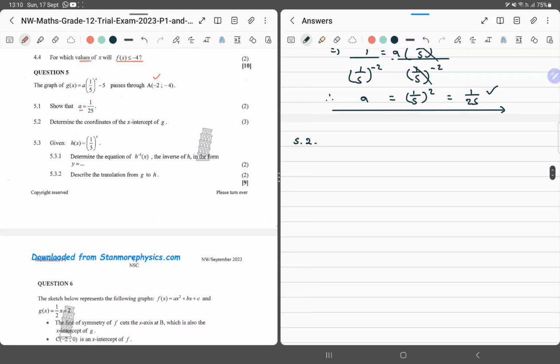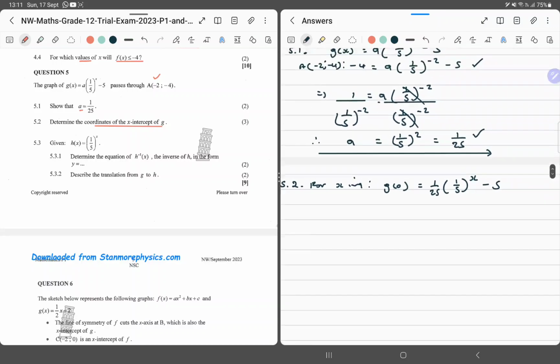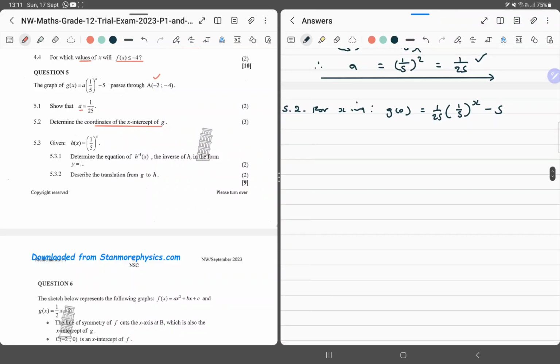Then we've got 5.2. It says now determine the coordinates of the x-intercept of G. Now this is easy. For the x-intercept, it is such that G of x is going to be equal to A, which we found now is 1 over 25, into 1 over 5 to the exponent x, minus 5. Okay, what am I doing?